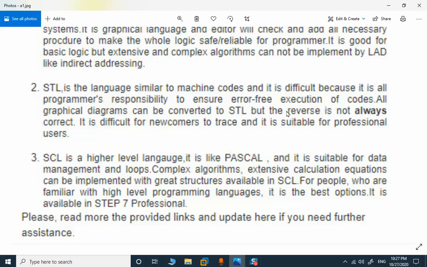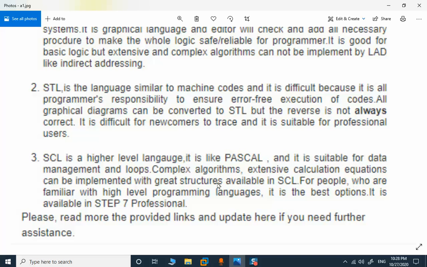The next programming language is SCL. SCL is a higher level language. It's like Pascal, and it's suitable for data management. It's suitable for complex calculations and complex algorithms, and you can develop very complex algorithms with SCL.